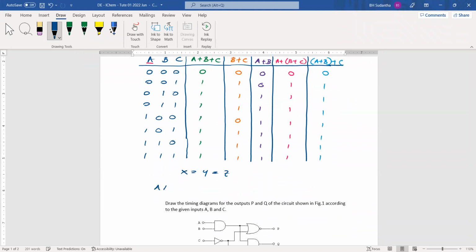AND operation means this one, A plus. Again, you have to make a table like this, then we can make this column and these two columns. Then we can show that all three columns are equal.